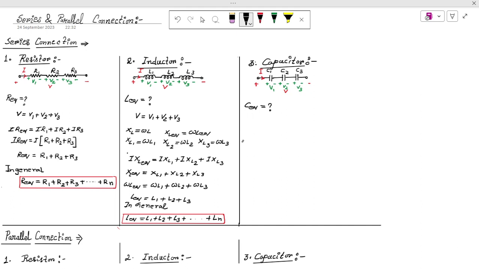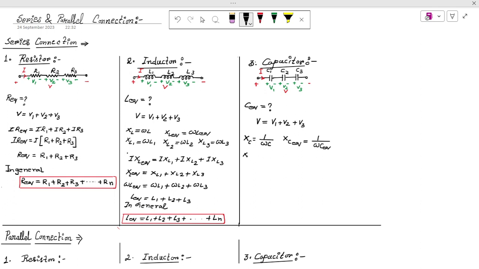Okay. So here the same as before, V equal to V1 plus V2 plus V3, right? Here also you have to find out XC, the capacitive reactance. The formula is different: 1 by omega C. So XC equivalent will be 1 by omega C equivalent.